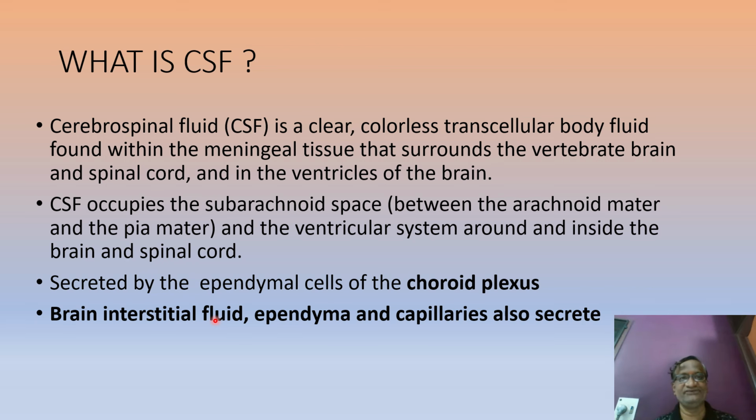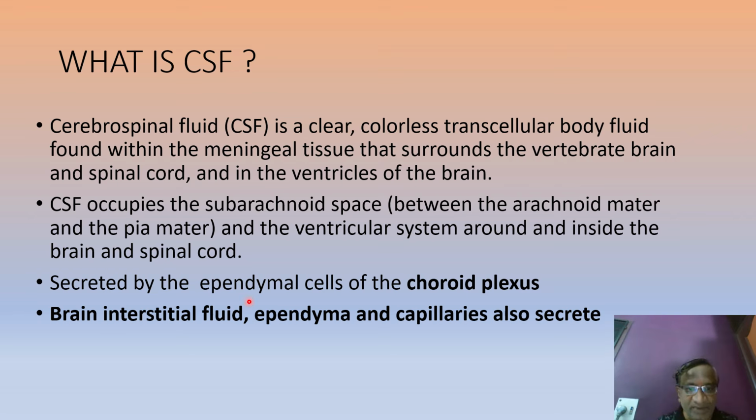What is CSF? CSF is a clear, colorless, transcellular body fluid within the meningeal tissue that surrounds the brain and the spinal cord and in the ventricles of the brain. It occupies the subarachnoid space and also the ventricular system.